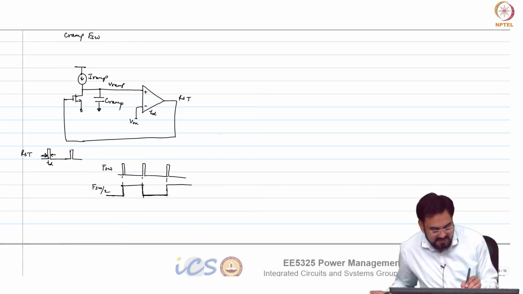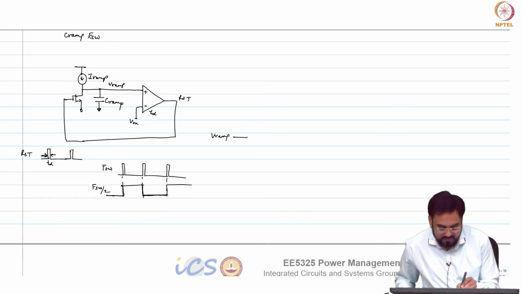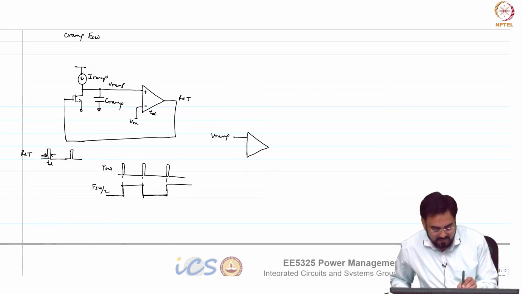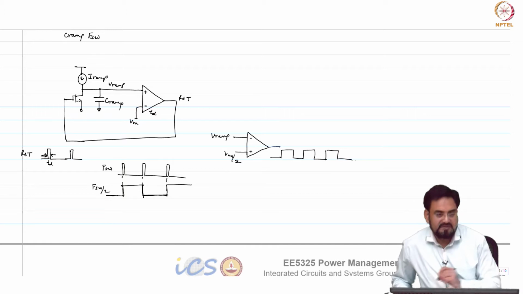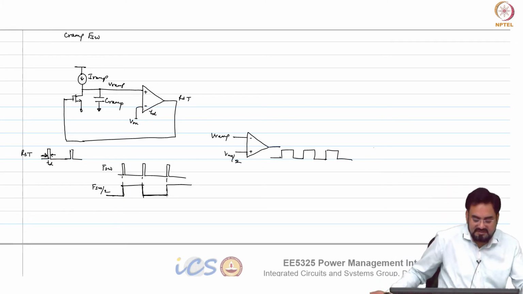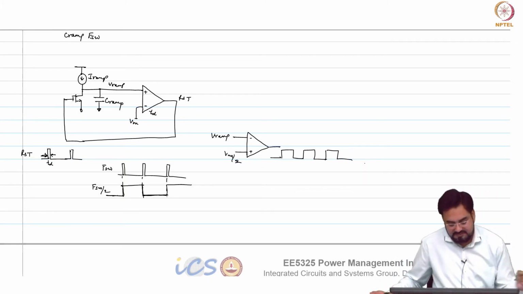Or the other way could be, you just take the VRAM, compare with VM by 2, and you get a 50% clock output at the same frequency. Okay.